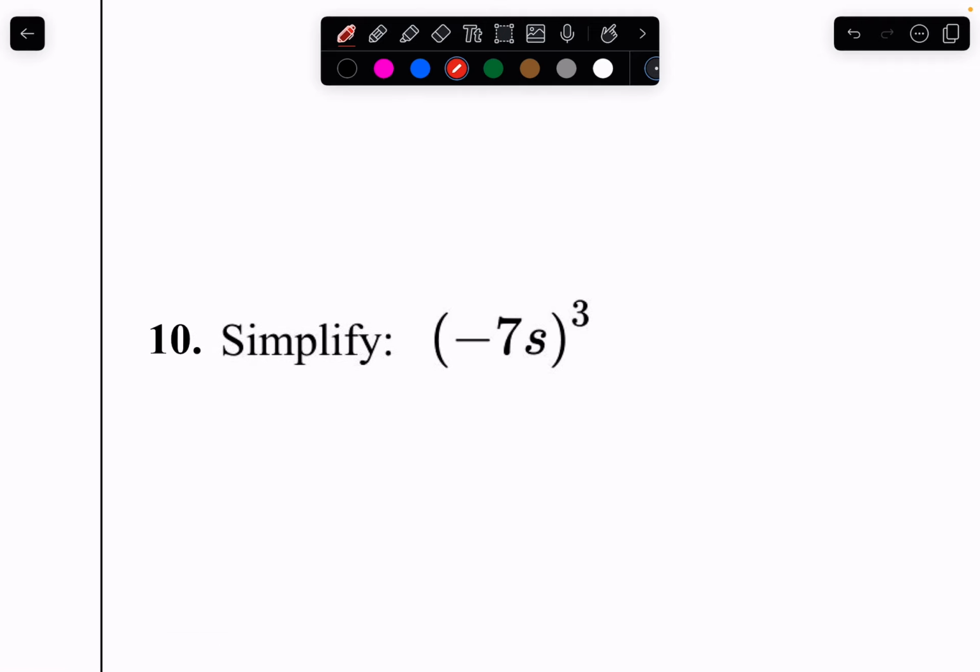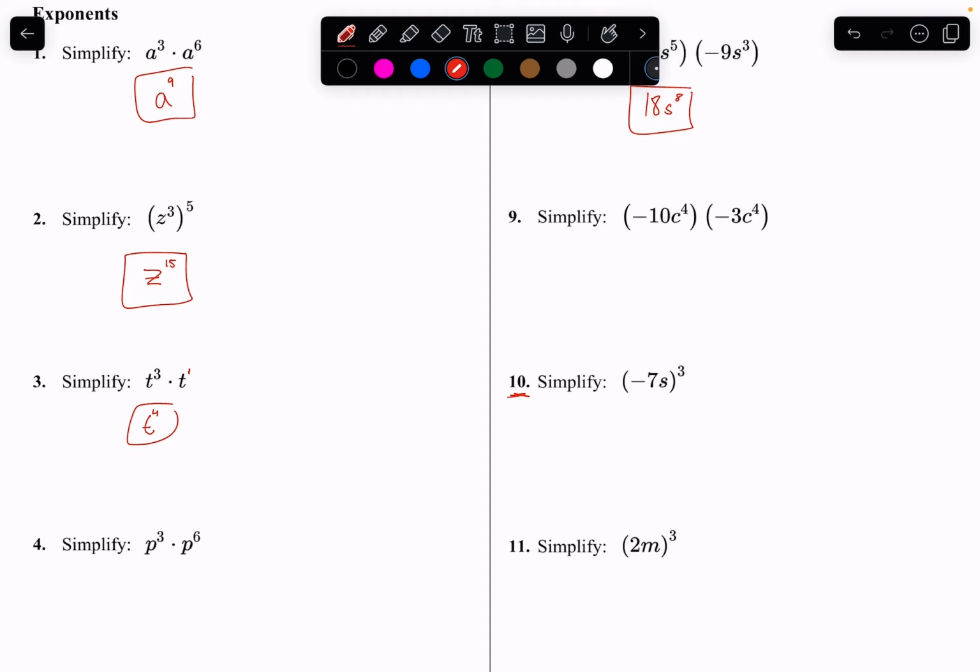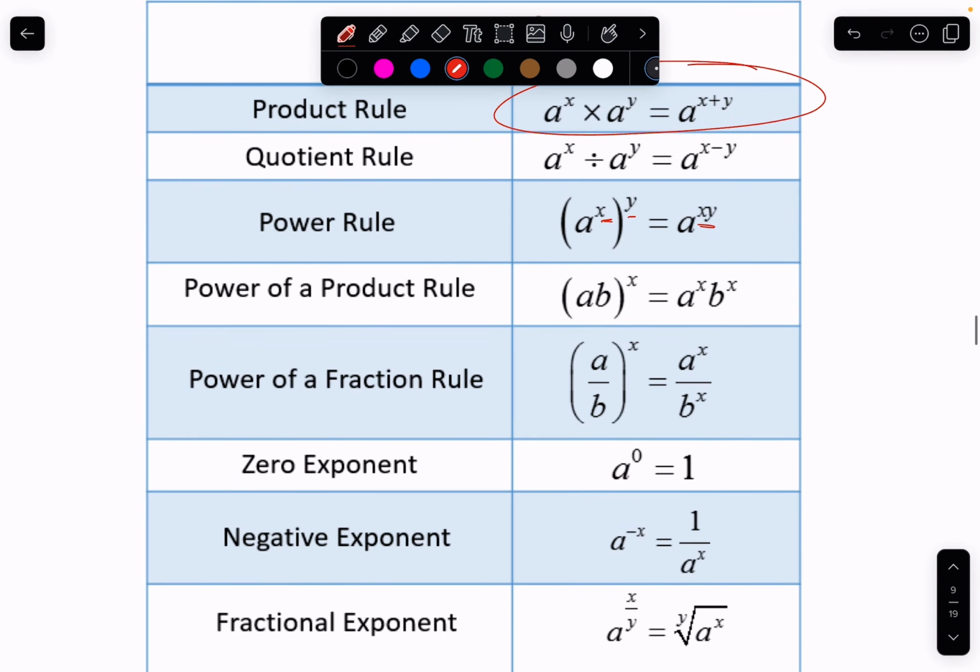All right, so this next one, number 10, we have to use the power of a product rule, okay? So if you have two things that are being multiplied and raised to a power, you essentially have to distribute that power to everything, okay?